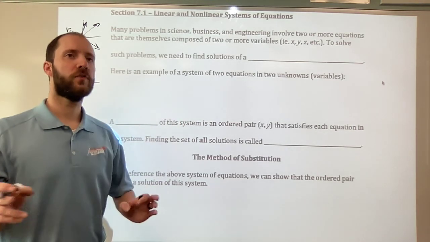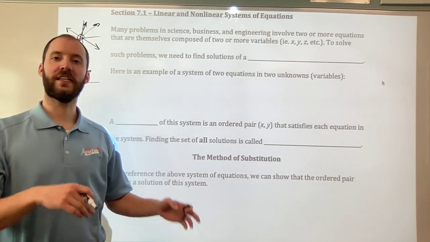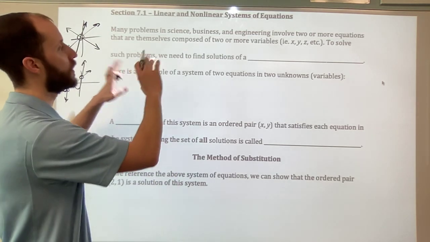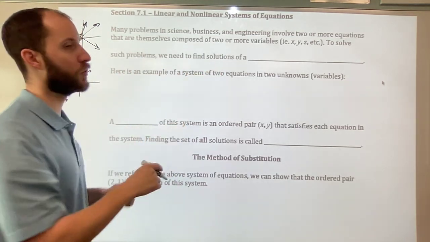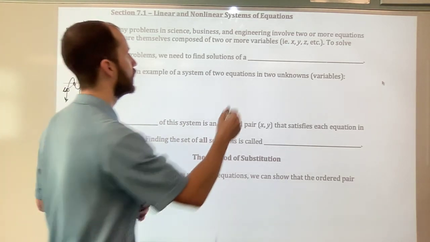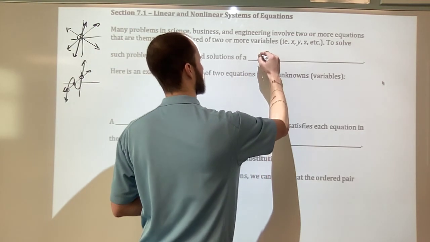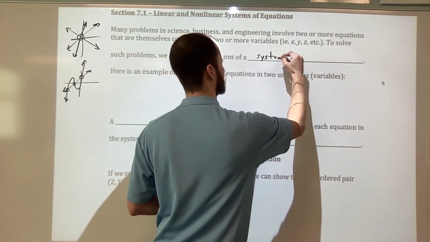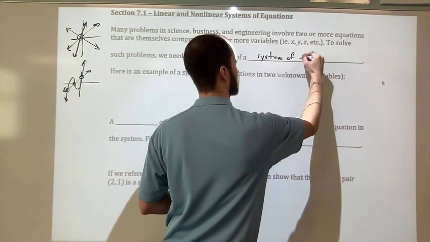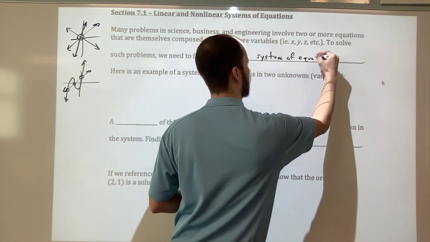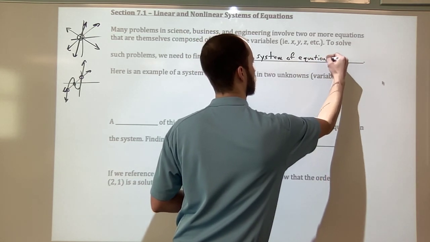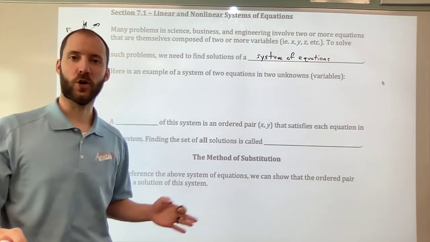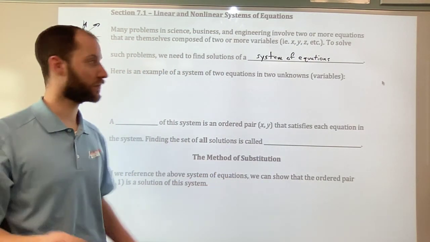So when you solve one equation, you're finding the solution to that equation. If you're finding multiple solutions to multiple equations, you're solving a system of equations. So no longer one equation, but a system or a number of equations.